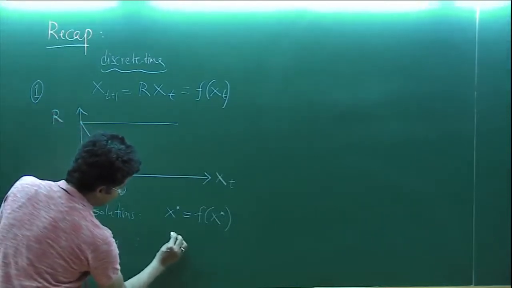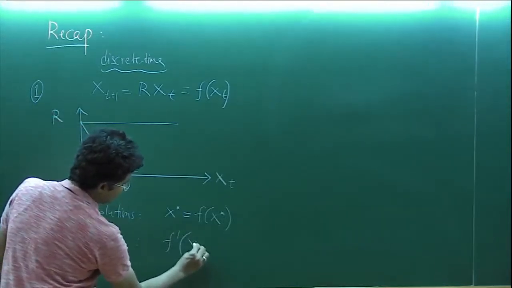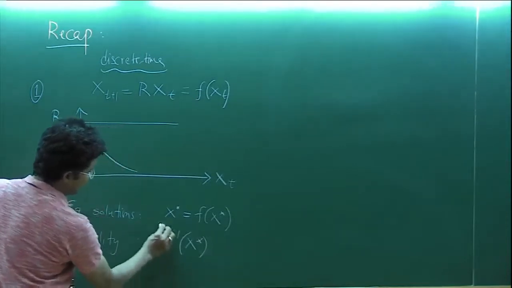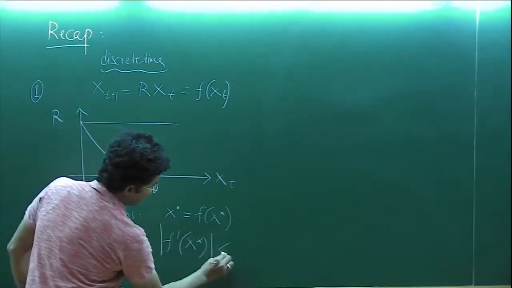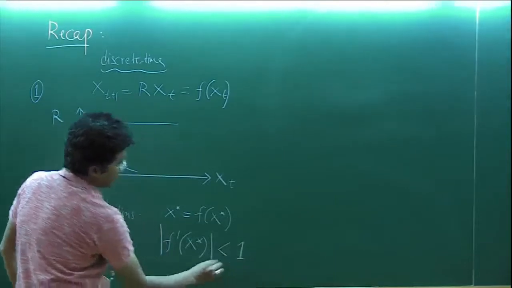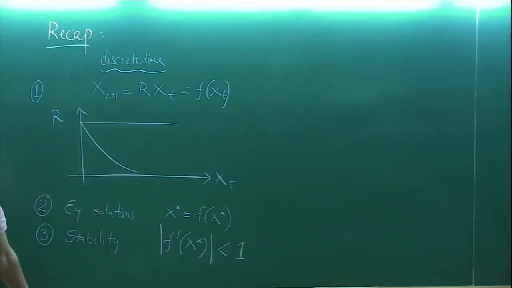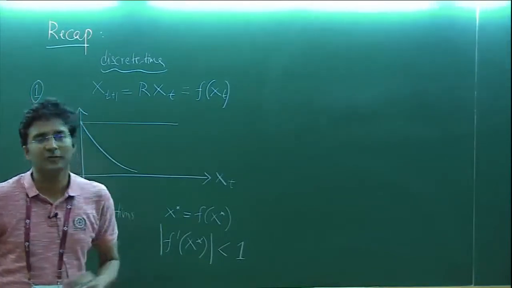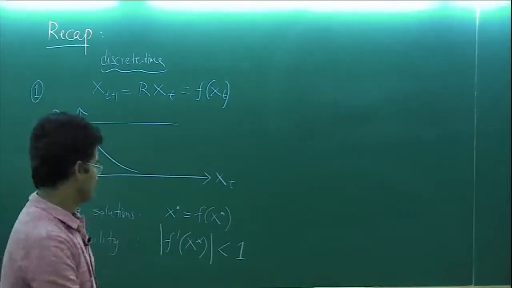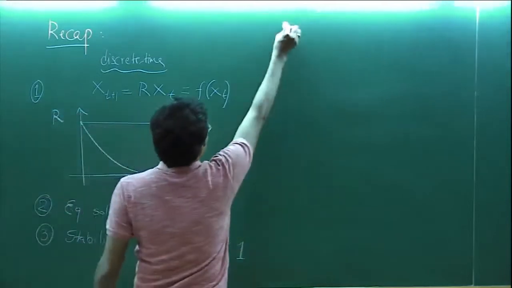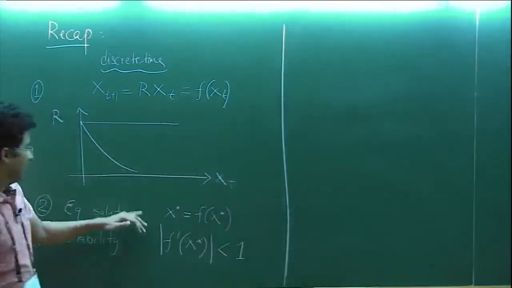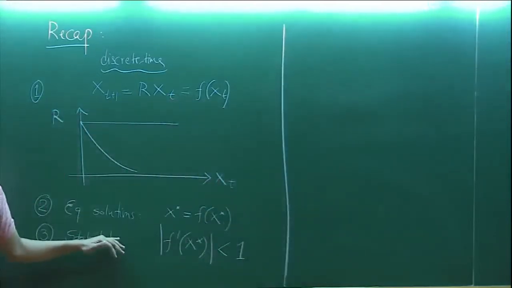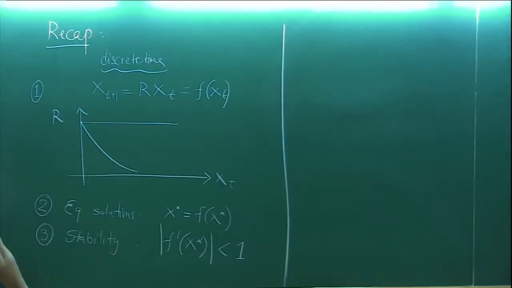To do that, you look at the derivative of f at each of those equilibria and determine the conditions in which this quantity is less than 1. That tells you the conditions under which each equilibrium will be stable. And then of course, when you run out of analysis, you do computer simulations.